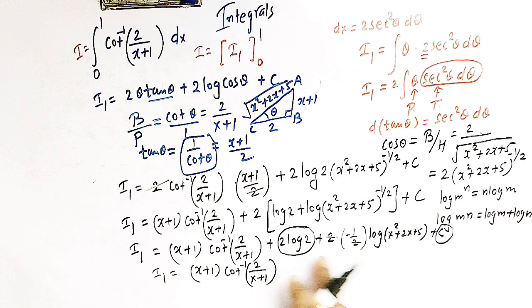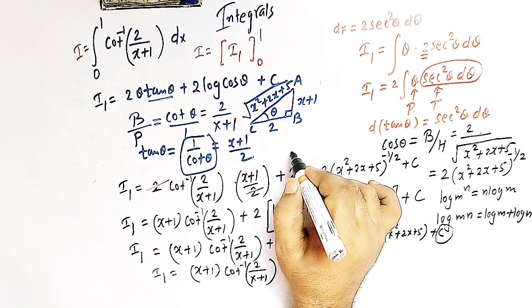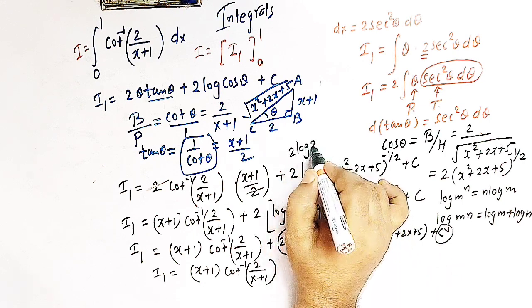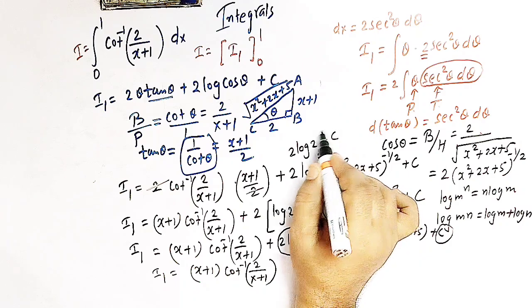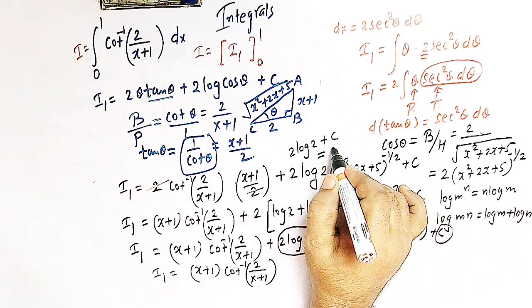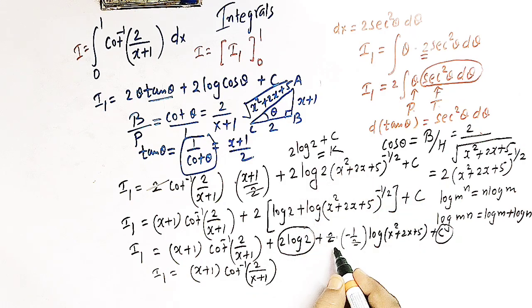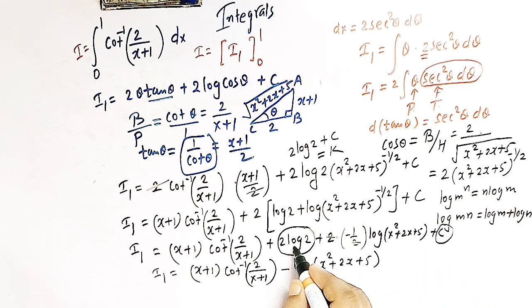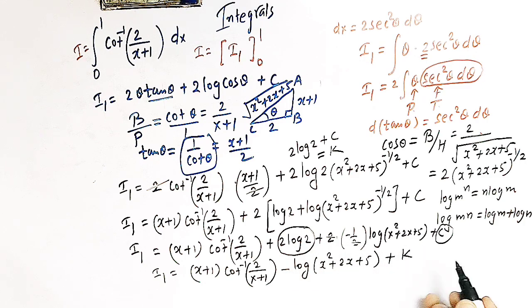So we can merge these two quantities, that is 2 log 2 plus c, and call this expression some other constant, let us say k, right? And here 2 and 2 get cancelled, so we have minus log of x square plus 2x plus 5, and k is our new constant of integration.